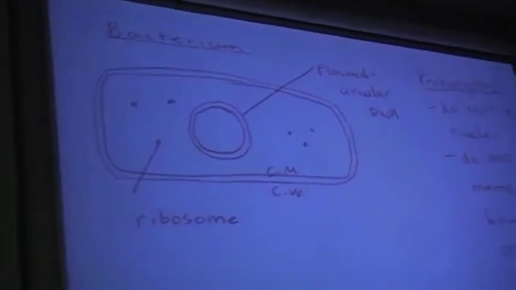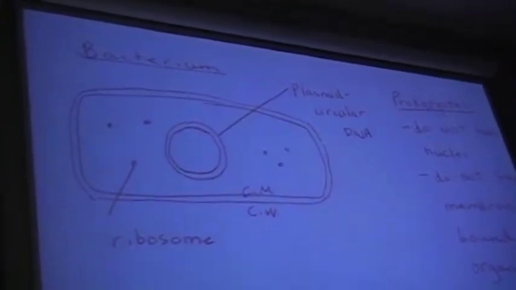And bacteria most often reproduce asexually, but they have a special mechanism for exchanging genetic material, which could be considered sexual because they're exchanging genetic information, but they're not going to produce a new cell by this means. So let's say these are two little bacteria hanging out together, and they pass a little tube between them, and through that tube, this one's going to pass some of its DNA, and this one will pass some of its DNA over.